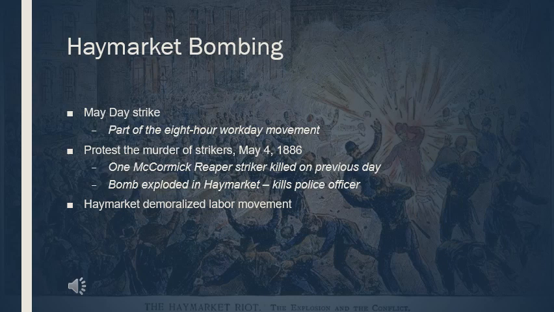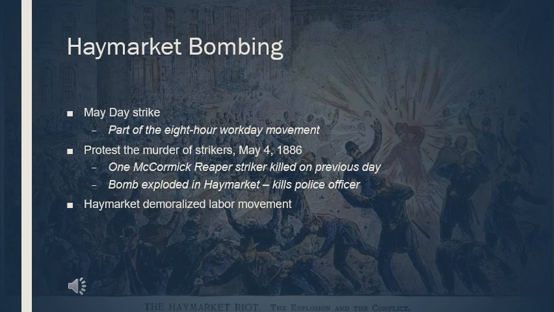So then on May 4th, they come out again and they protest the killing of one of the strikers who had been killed on the previous day. And at this time, a bomb explodes in the Haymarket, which is a square location, and it kills one police officer. And at this point, the May Day strikes and the sentiment towards labor completely switches.